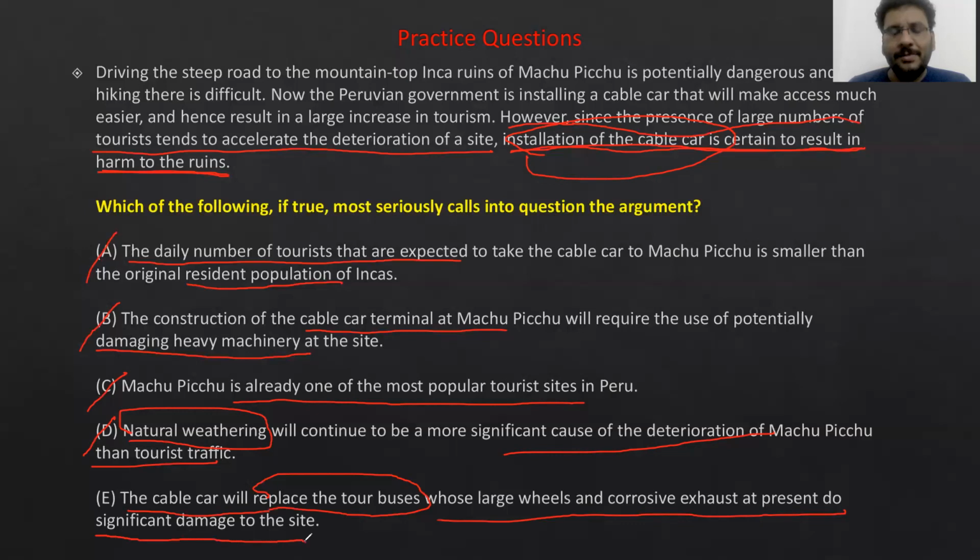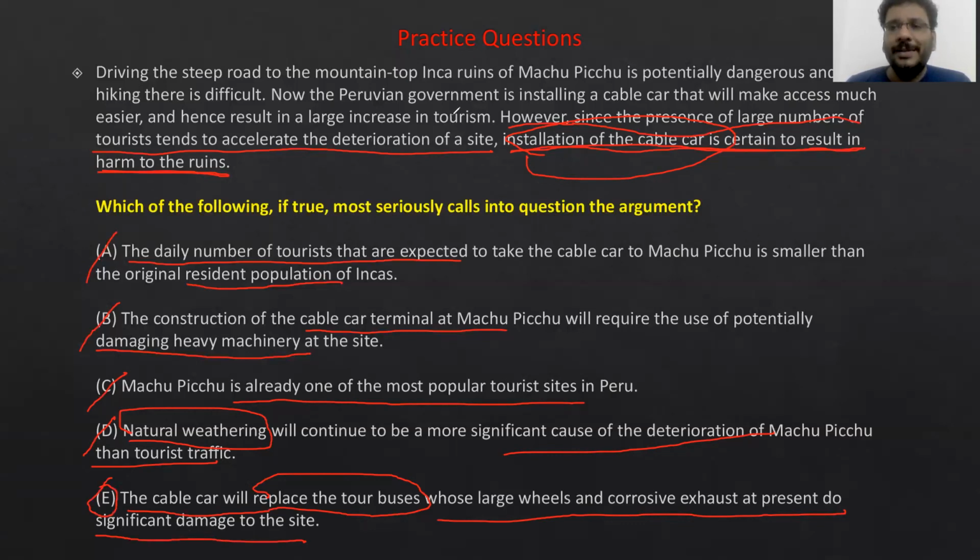So what we are trying to say in option E is the cable car is going to replace the tour bus, which is creating a lot of damage to the site. So in a sense, you're saying that it's not the cable car which is creating the problem. In fact, it's actually reducing the problem. So it weakens my conclusion. So the right answer is option E.